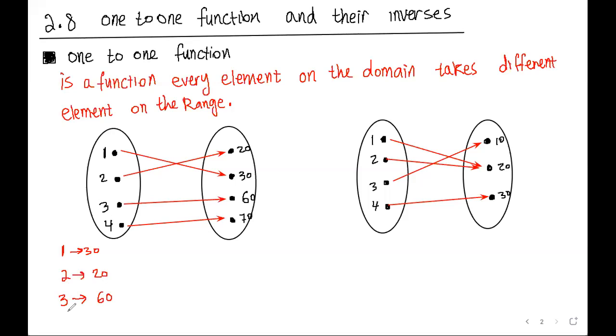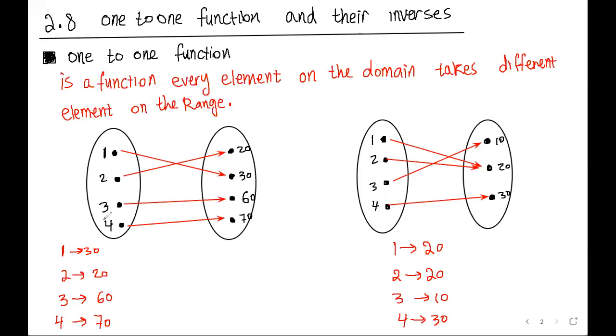Number 4 goes to 70. Look at the second diagram. 1 goes to 20. 2 goes to 20. 3 goes to 10. And 4 goes to 30.